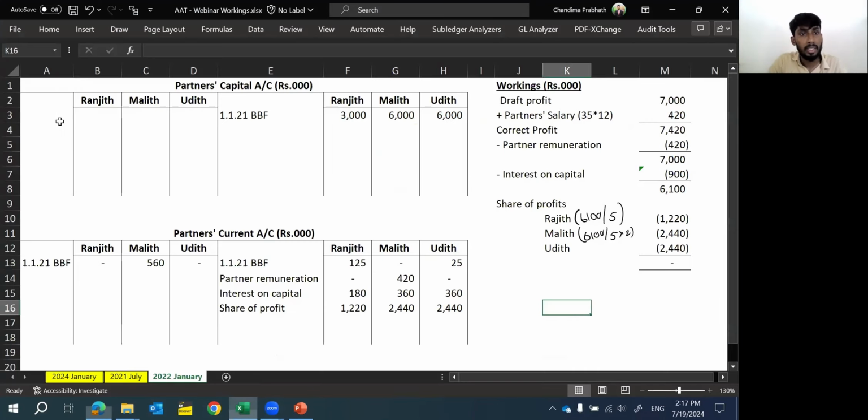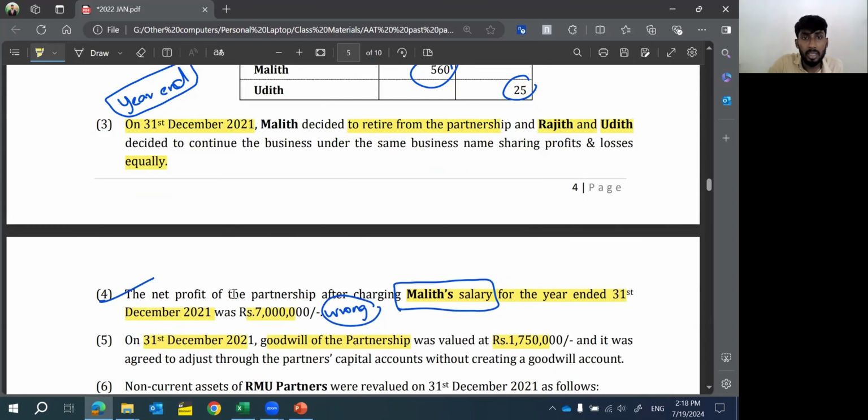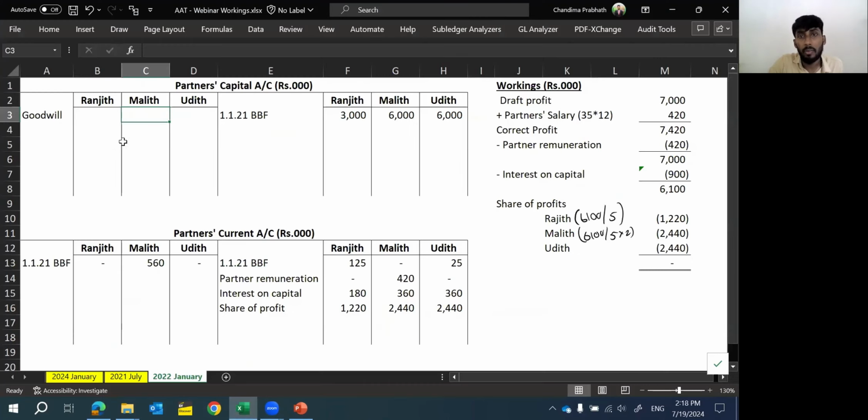So here, debit to capital accounts, goodwill at the new ratio. In the new ratio, there are only Rajit and Udit. Are you clear? Equally, 1 to 1.